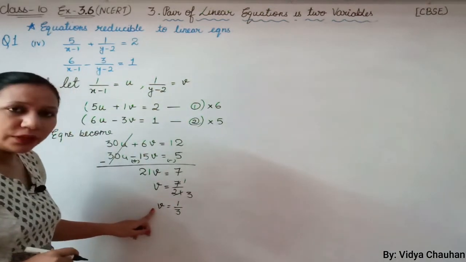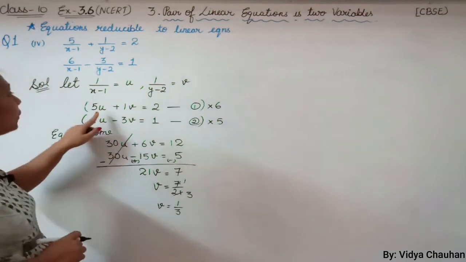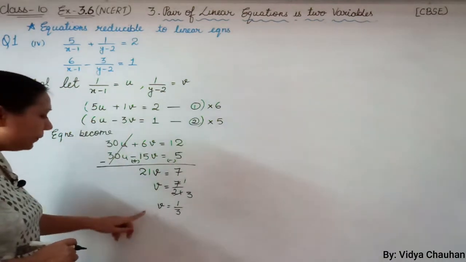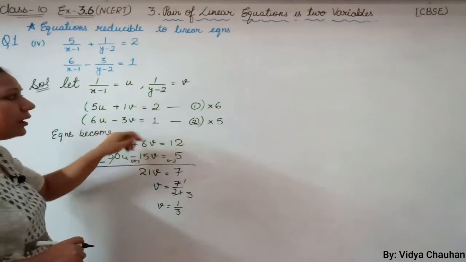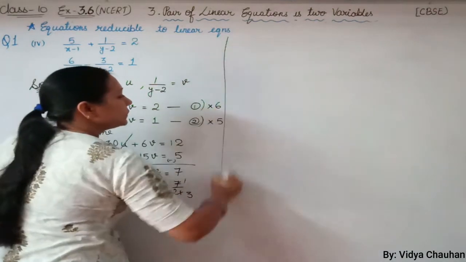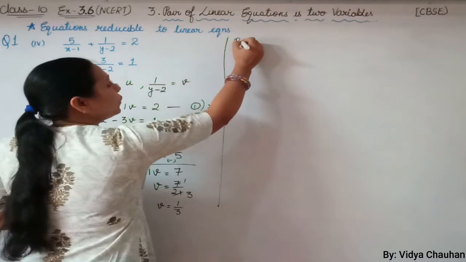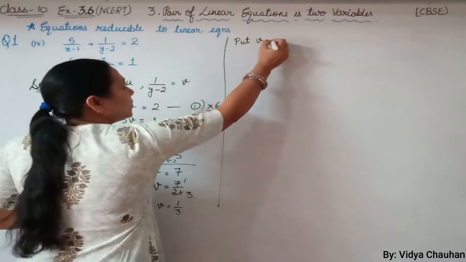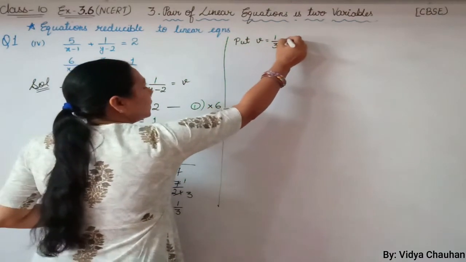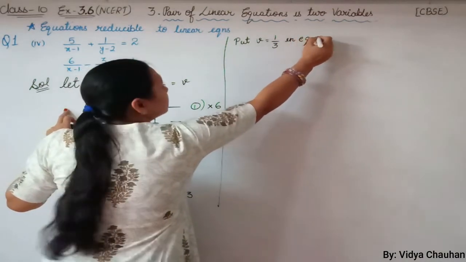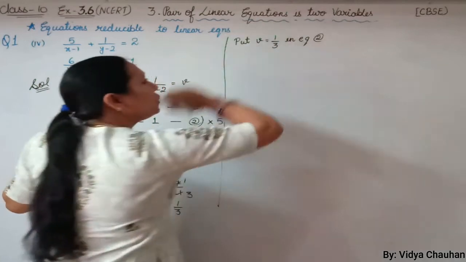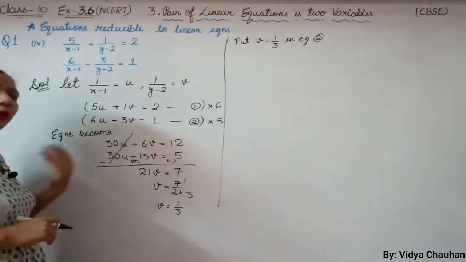Now what will we do next? We have to find the value of u also. We will put this value of v in any one of the equations. Suppose I am putting v equals 1 upon 3 in equation number 2.